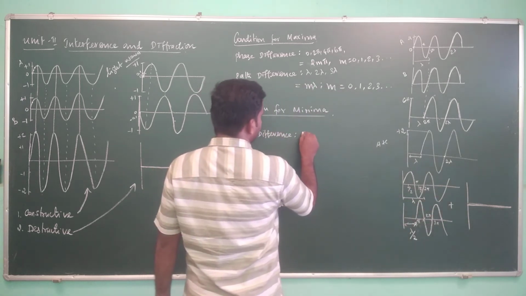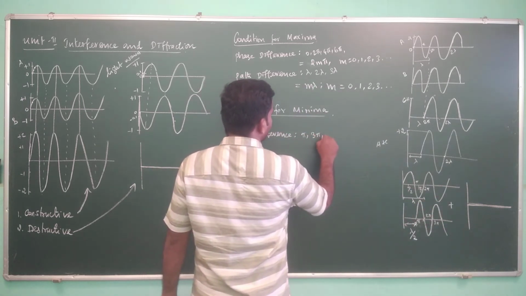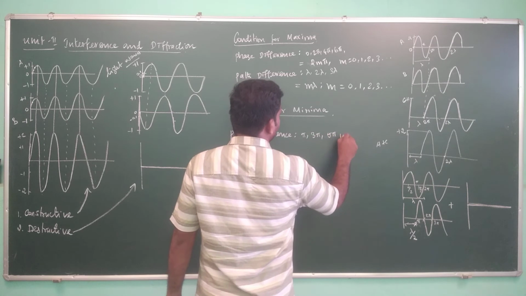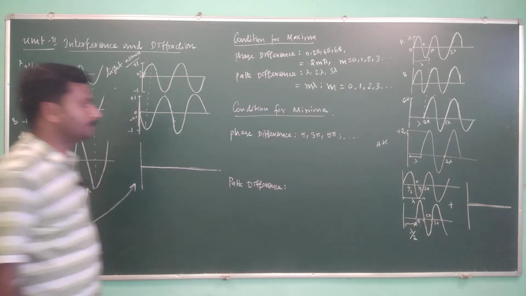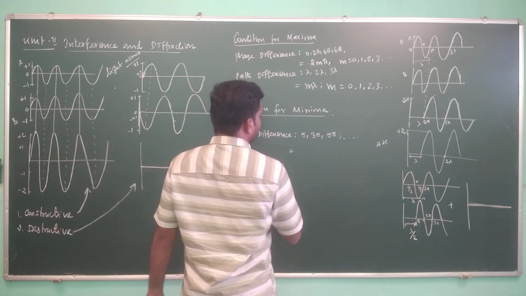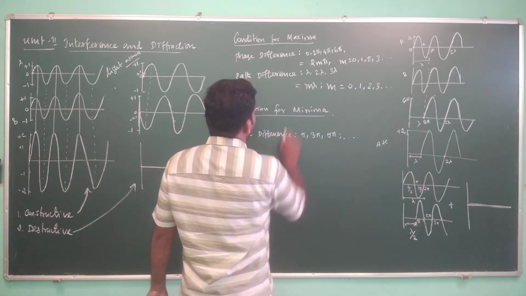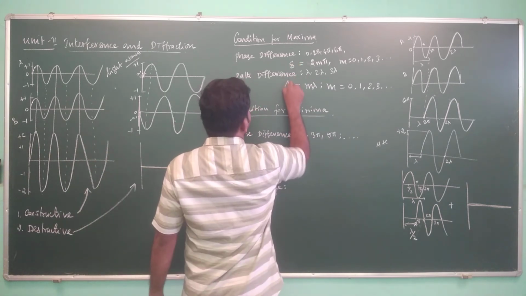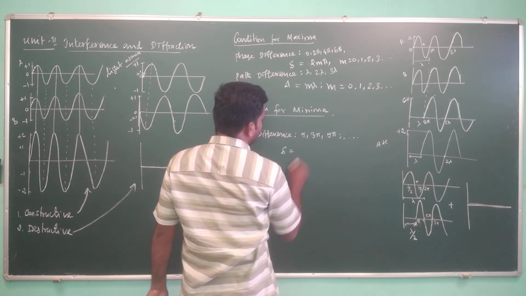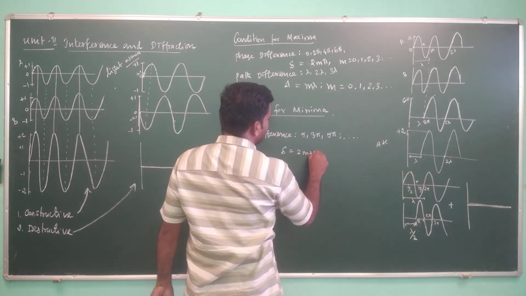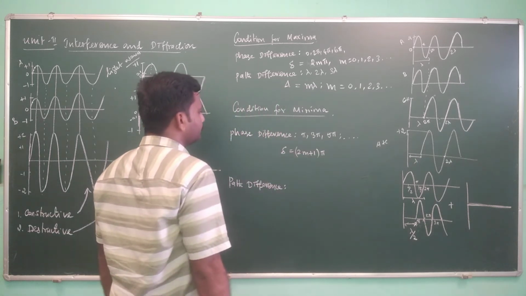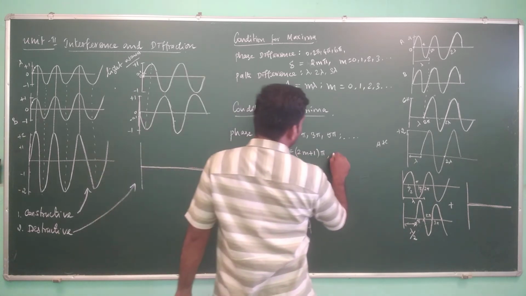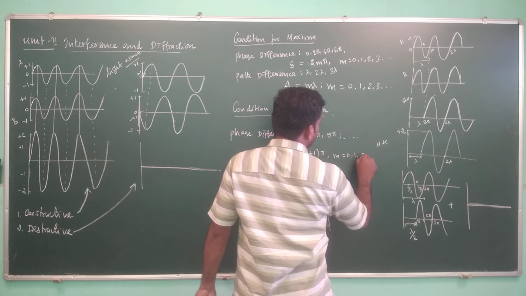If the phase difference is pi, 3 pi, 5 pi and so on, then destructive interference will happen. If you generalize this, what can you write? Phase difference is small delta, path difference is capital delta, so small delta is (2m plus 1) pi, where m equals 0, 1, 2 and so on.